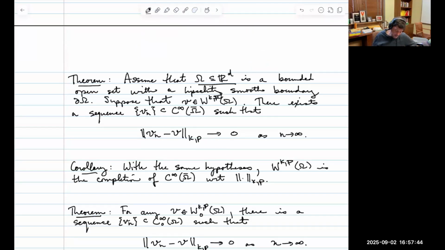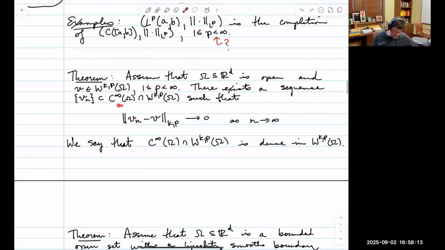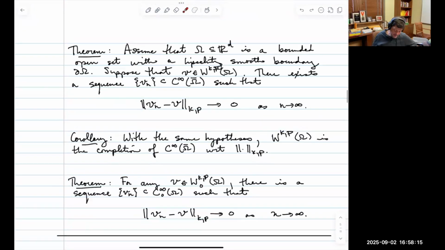So let's suppose that omega is a bounded open set with a nice boundary, a Lipschitz smooth boundary, and suppose that v is in W^{k,p} of omega. Then there exists a sequence of C infinity functions on or over omega bar. This set here is closed and bounded, so these are really, really nice functions, even nicer than these functions here, because they are in W^{k,p} for any order that you want.